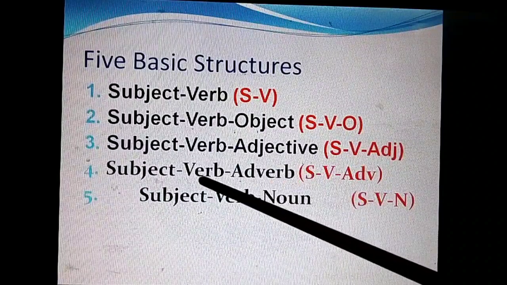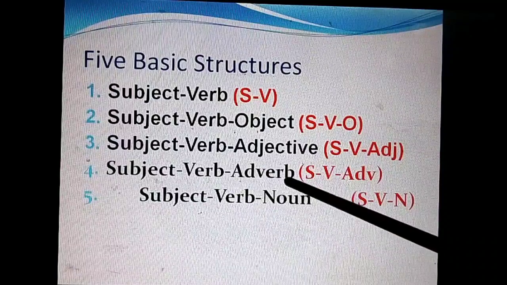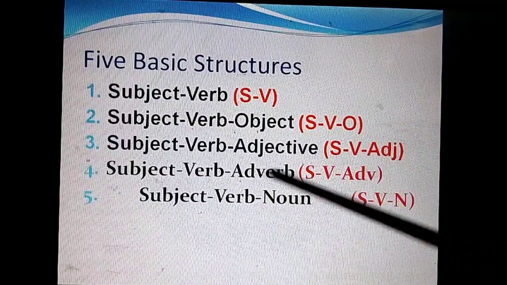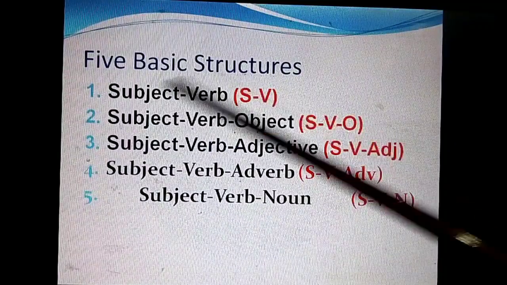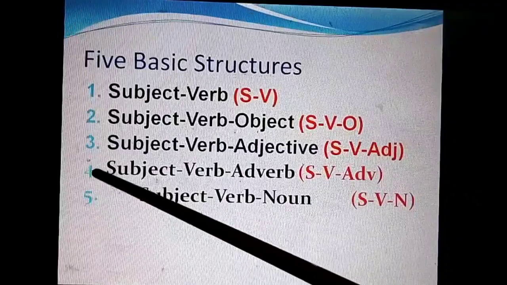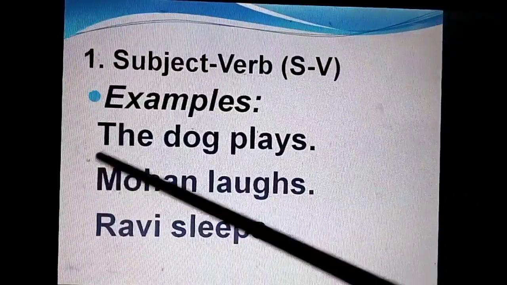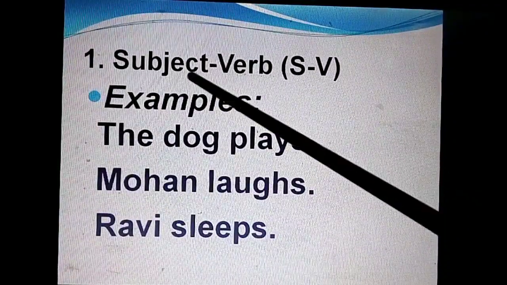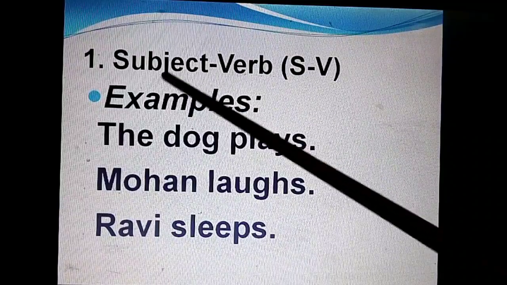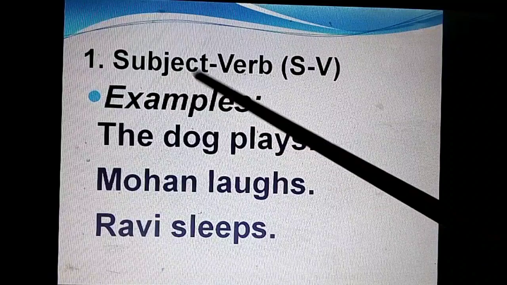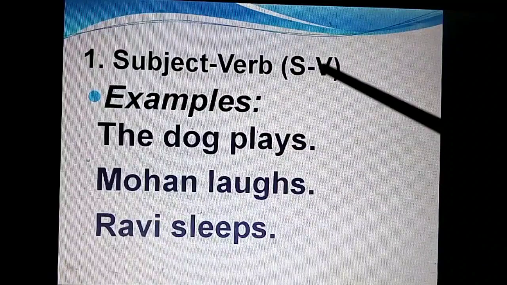And the fourth one is subject verb adverb, SVADV. The fifth one is subject verb noun, SVN. So these you have to learn carefully, and let us go through the first one and try to frame sentences through these examples given there. So subject verb, subject verb.